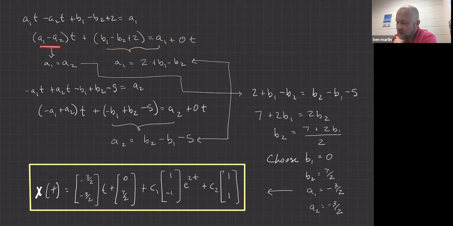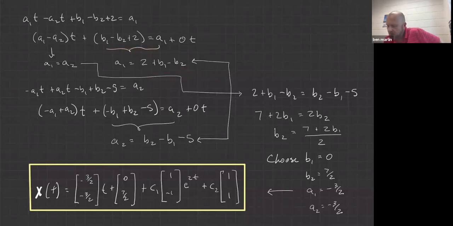So that means this needs to be 0. So that means a1 has to be equal to a2. So we keep that in mind because it's going to come up again. It also comes up down here, so we get reminded that we have to have that be true, okay? Then with the constant stuff that's left over here, we see that our a1 has got to be equal to 2 plus b1 minus b2, okay?